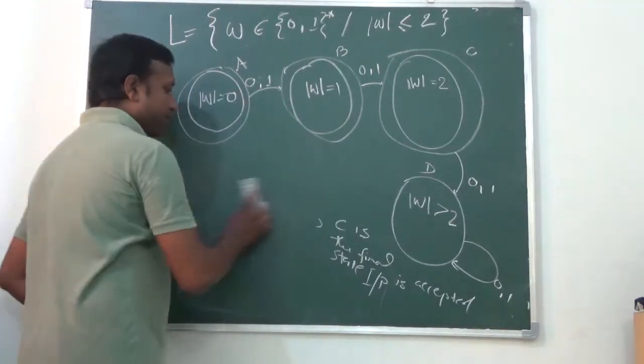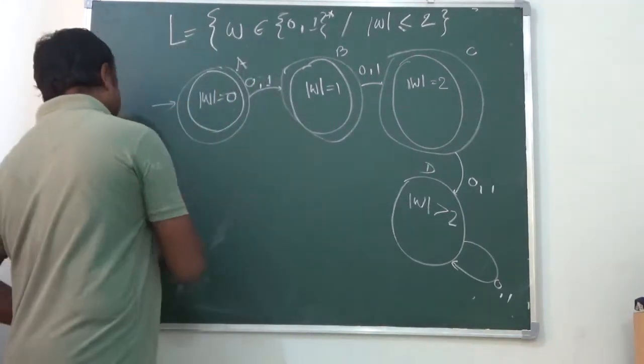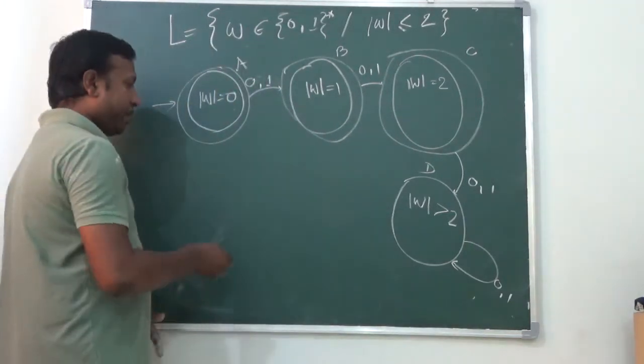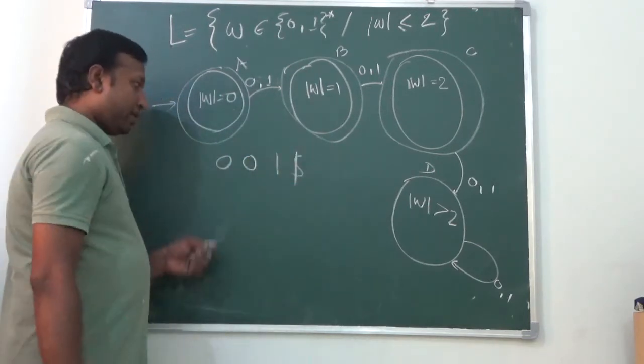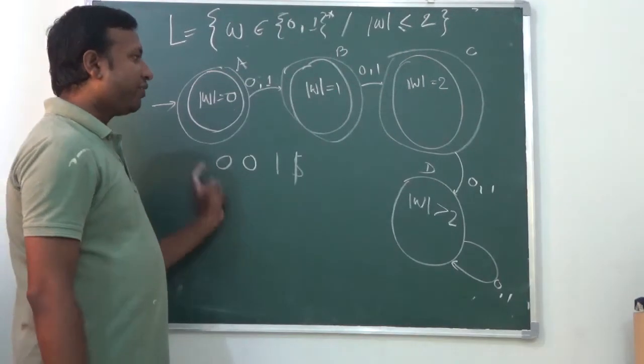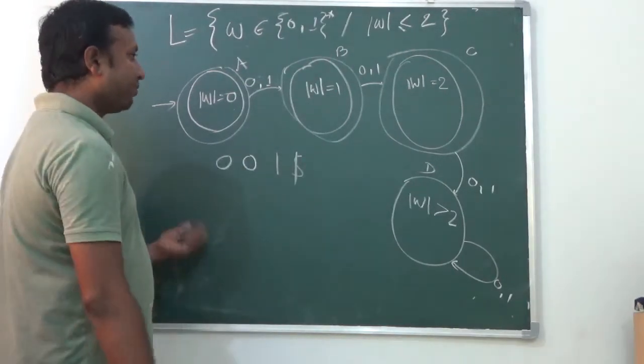Let's see whether the machine is accepting or rejecting a string having length 3. Let us say the input is 0 0 1, and let's see whether this model is accepting or not.